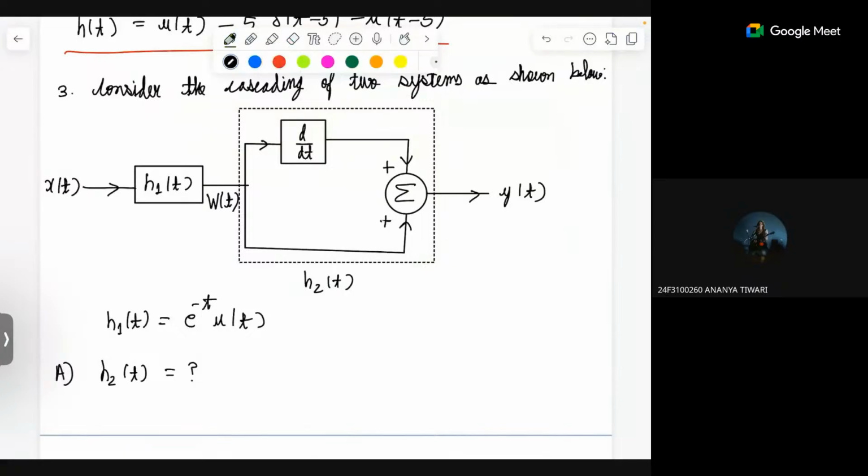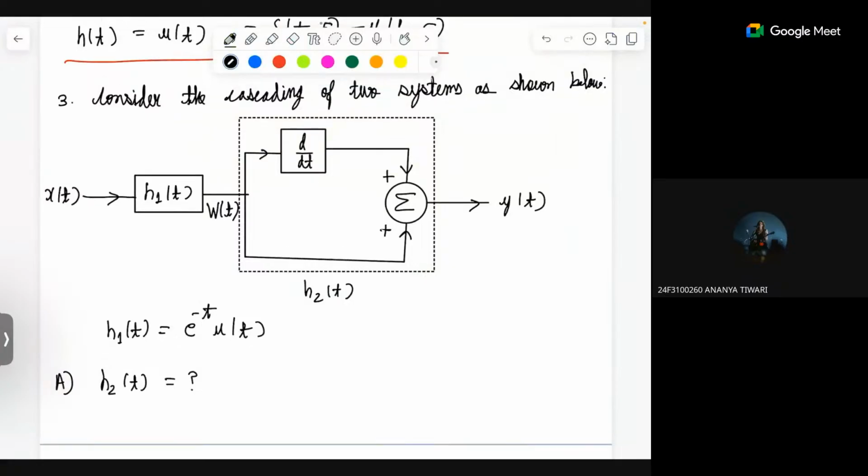So is my question not clear? What I'm trying to say is, for this second system, you have to tell me the impulse response. When the input here becomes impulse, what will I get? That is what I'm concerned with right now. Is the question clear, or maybe I can solve it and show it to you? Ma'am, and then it would be e to the power minus 0? No, no. Ananya, H1 of t, you do not have to consider H1 of t.